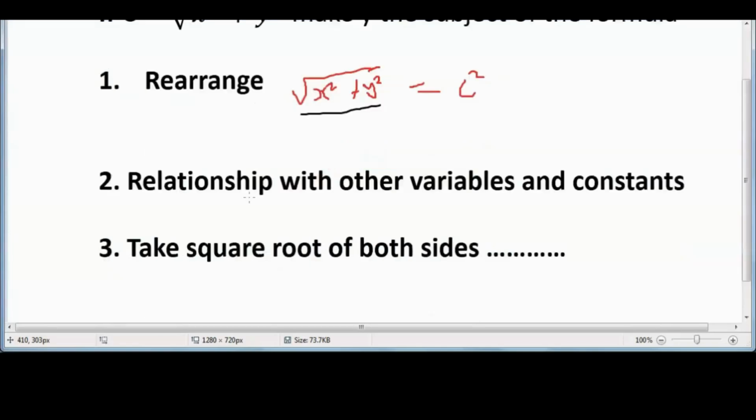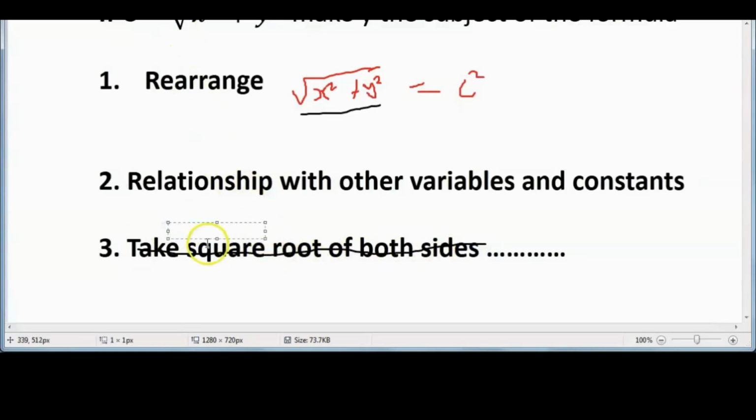Okay, this is not going to be square root of both sides, but rather square both sides.